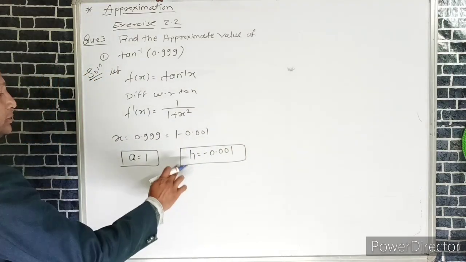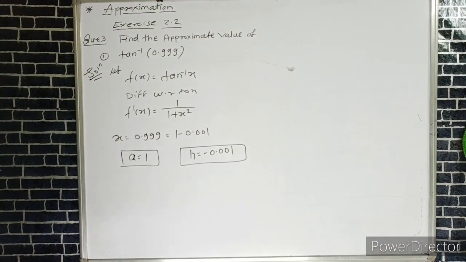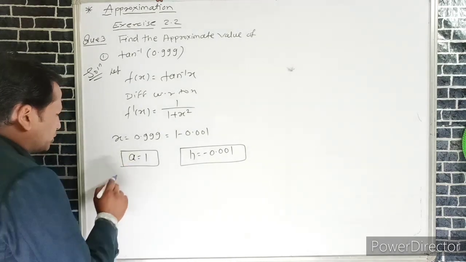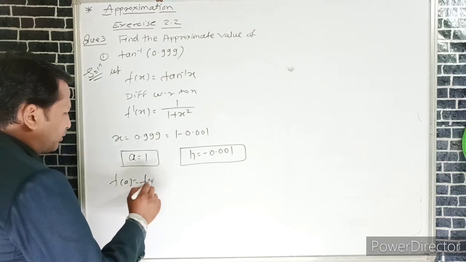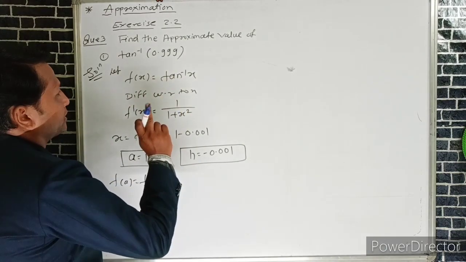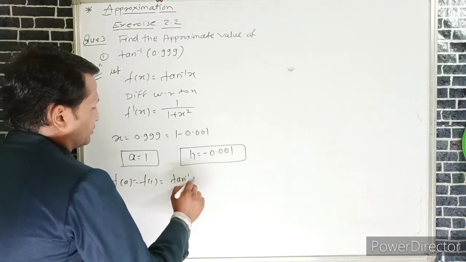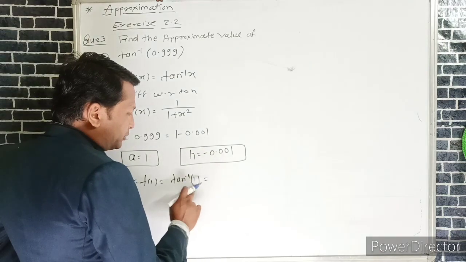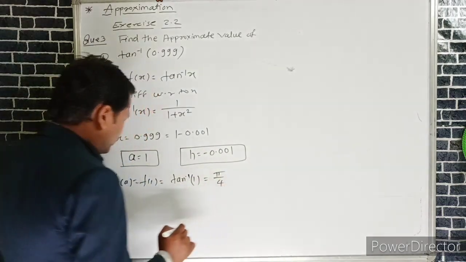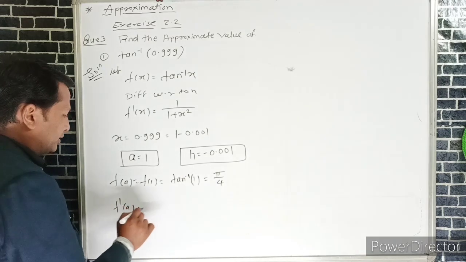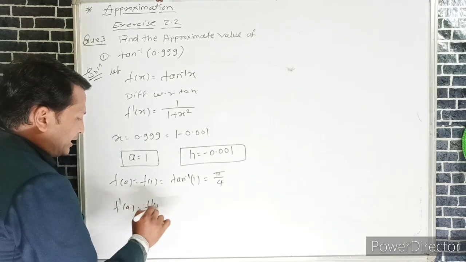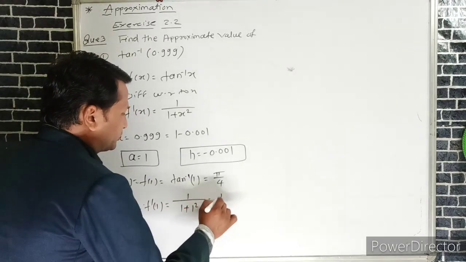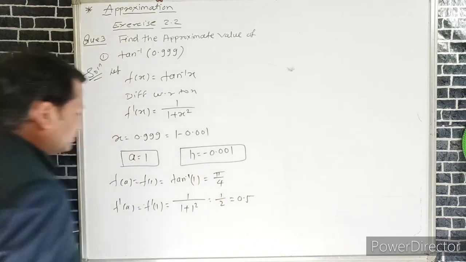So here we can find the value when a is equal to 1. F of a, or f of 1, when x is equal to 1, is tan inverse 1. We know that the value of tan pi by 4 is 1, so tan inverse 1 is pi by 4. And f dash of 1 is 1 upon 1 plus 1 square, which means 1 by 2, which is 0.5.